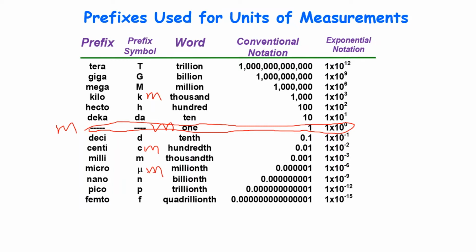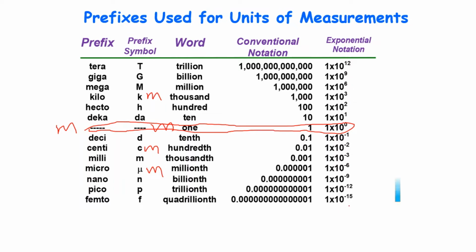So 1 micrometer equals 1 times 10 to the negative 6 meters. That's how you use those prefixes and exponential notations.